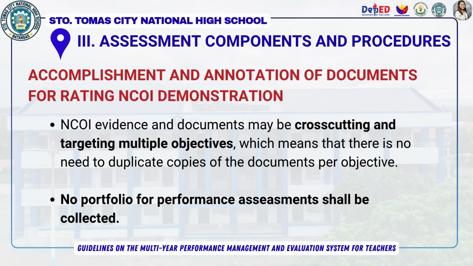It means you do not need to duplicate copies of a document for every objective it supports. A single certificate of training, for example, might serve as MOV for professional development, resource management, and collaboration. Use the annotation box on the IPCRF wisely to link one MOV to several indicators.